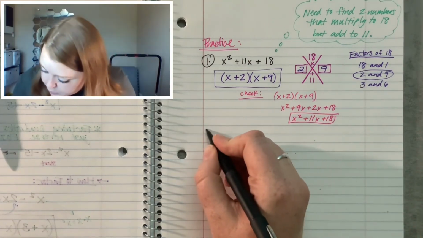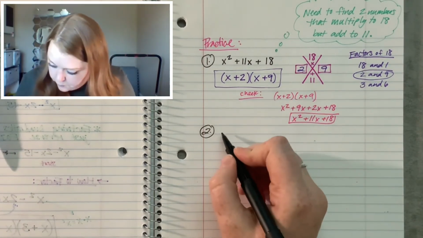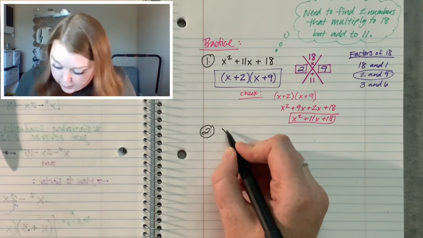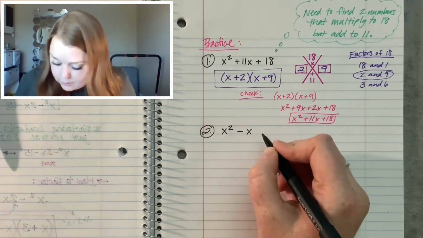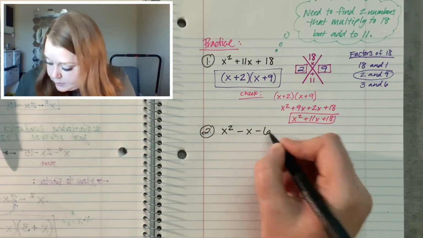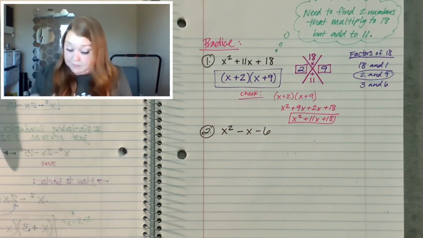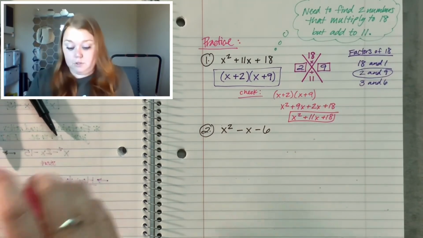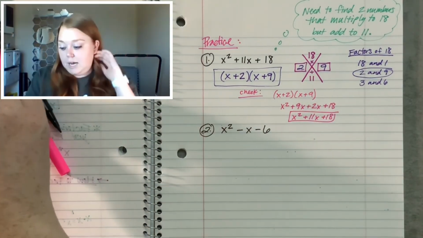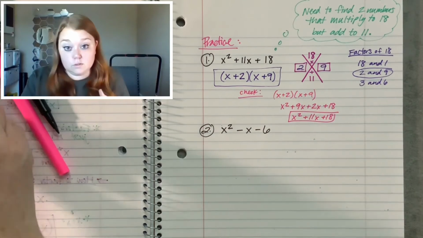Let's try another one, number 2. X squared minus x minus 6. Okay, if it helps you to write this out every time, then you can write it out. For me, I just use the x to do that.